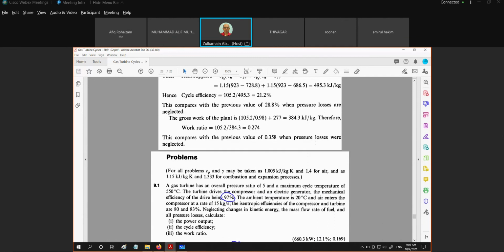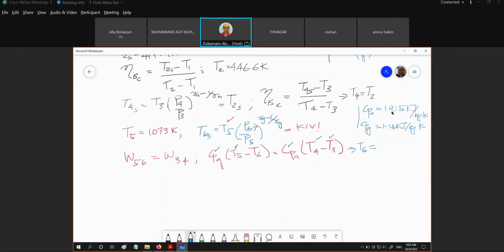For test questions, always follow what is being recommended in the question. But you can still use the same value, it does not make much difference. But for this case, take what I have mentioned, I have written just now. Take the CPA 1.005 and the CPG as 1.14.